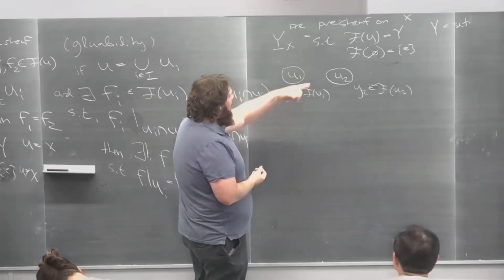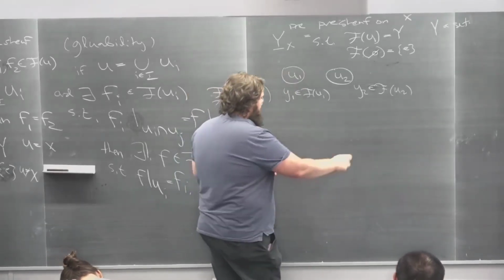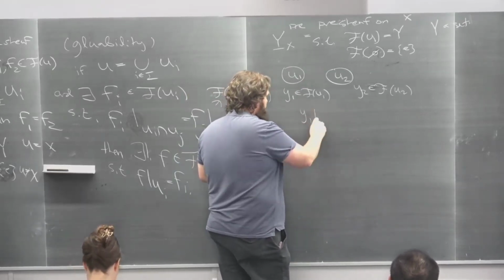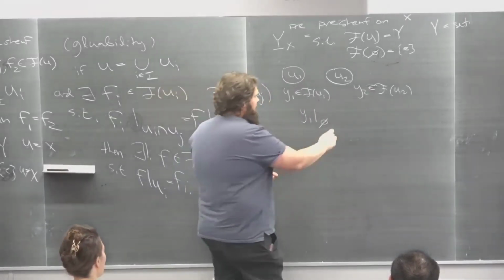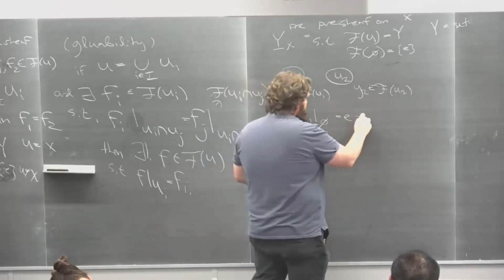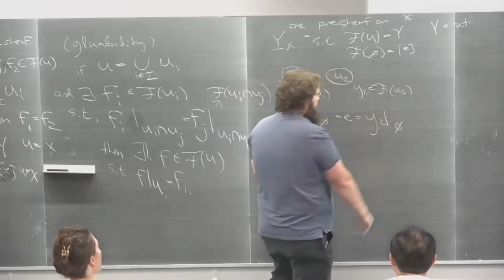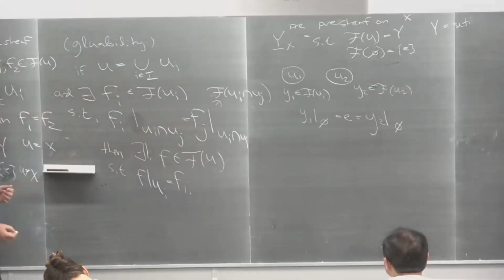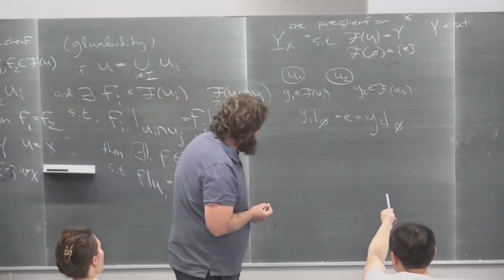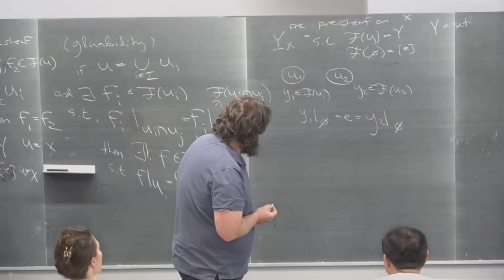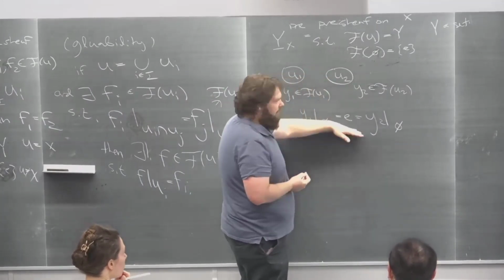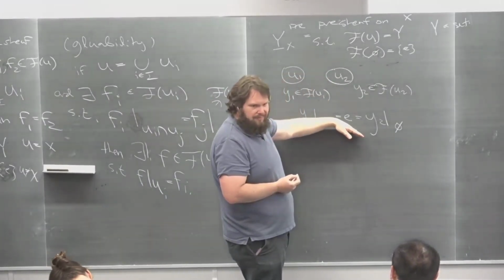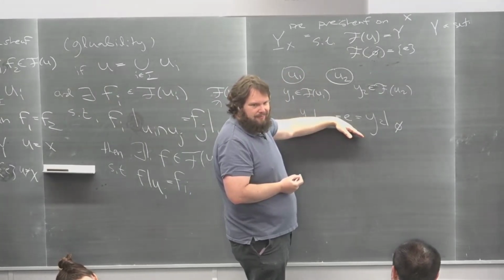Okay. So why is this important? Because this means that if I look at y1 restricted to the intersection of these guys, that's the empty set. So it's the unique element of my one element set, and that's the same as the restriction of y2. If F of the empty set were still Y, then this would be requiring that y1 and y2 are equal. Right?